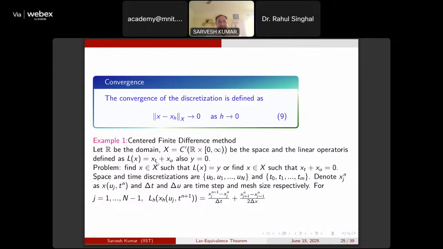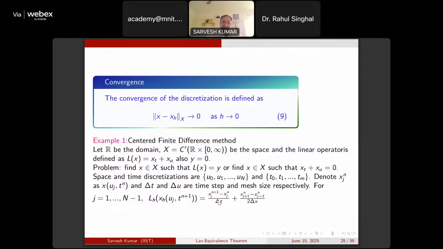For example, I pre-assume that you have dealt with some finite difference schemes. I take L as a linear operator, which is the partial derivative of u with respect to t and x. If you apply this finite difference scheme, this is my L_h in this case. You might have seen this before. Then you know this is consistent.